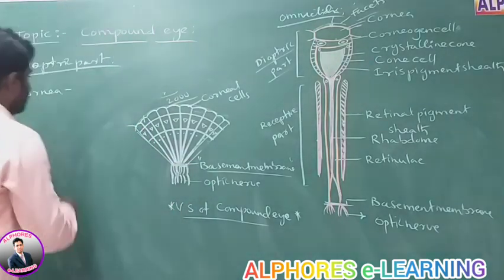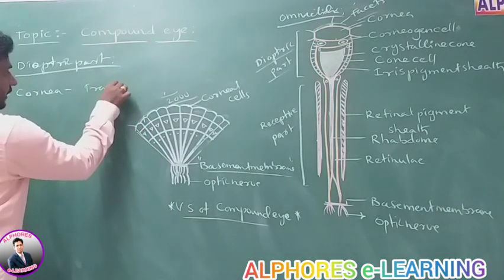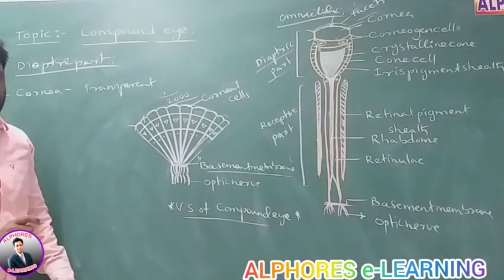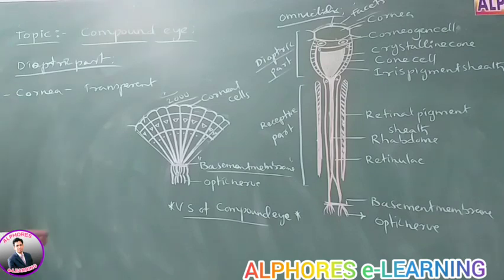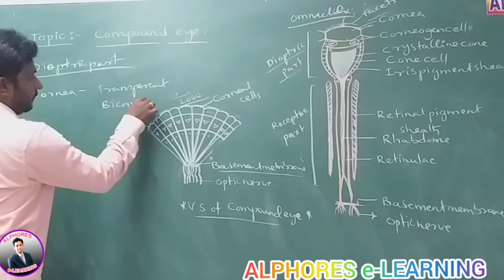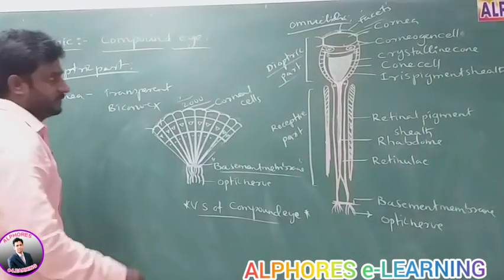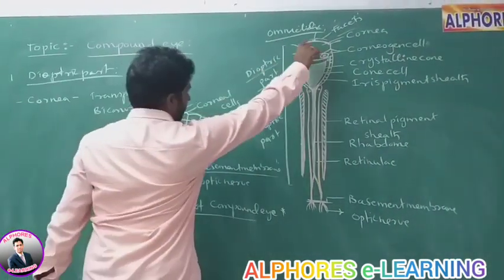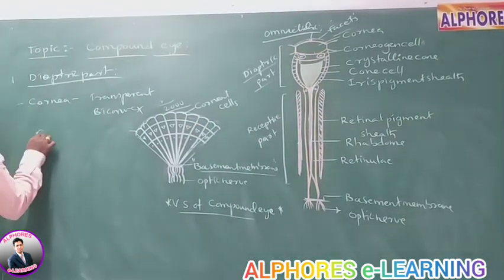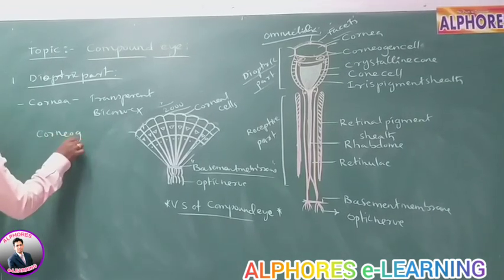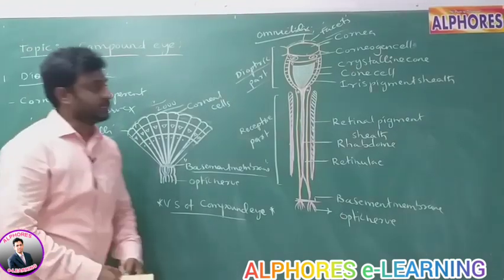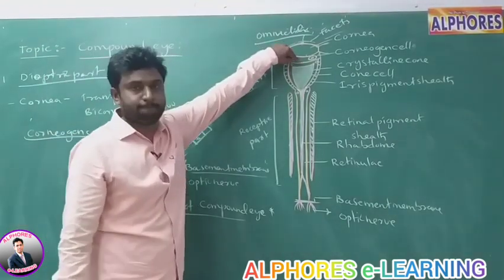Then the cornea is transparent, just like glass, which allows the light. It is transparent and biconvex. This transparent biconvex part of the ommatidia is called the cornea, which is secreted by the corneagen cells present just below the cornea.